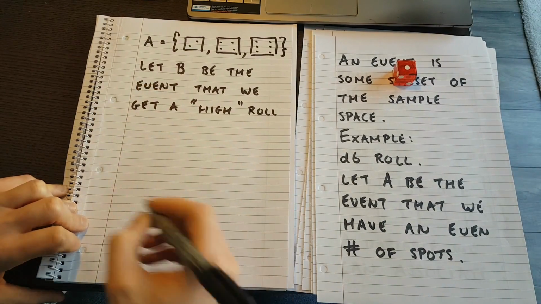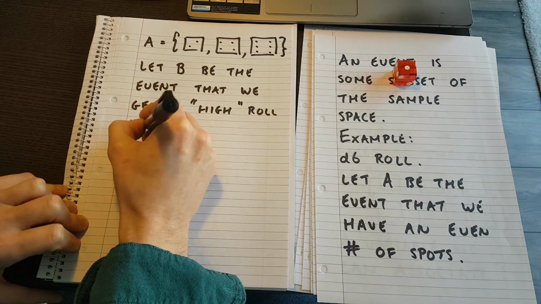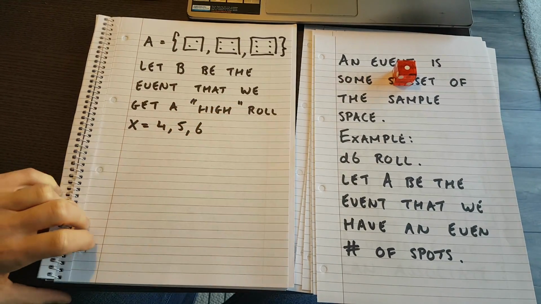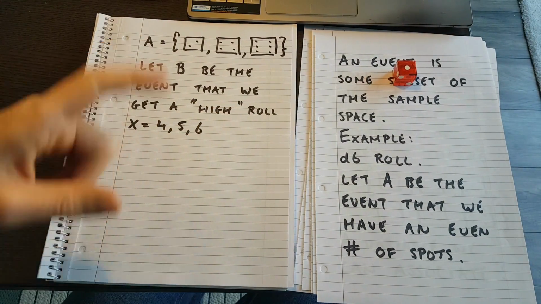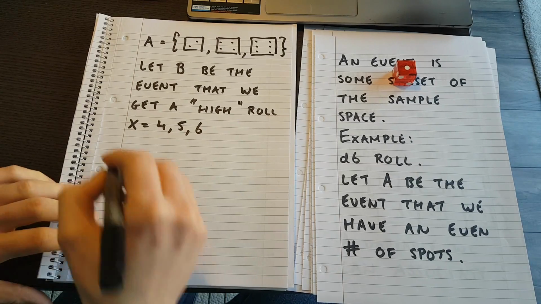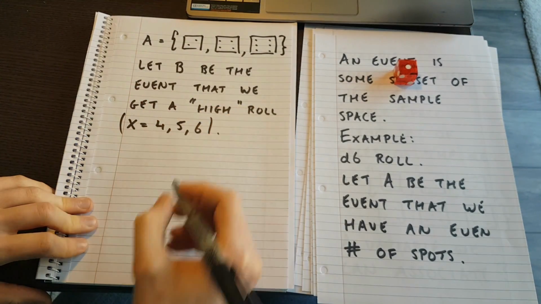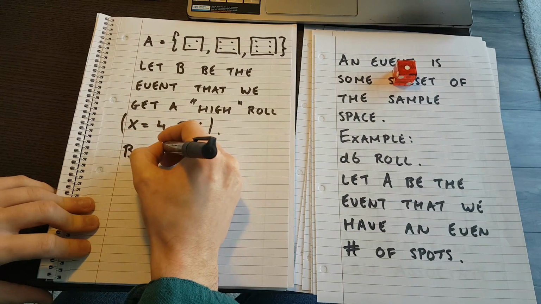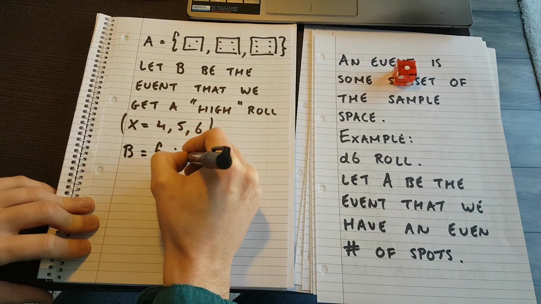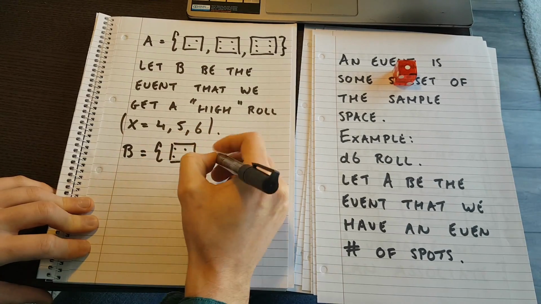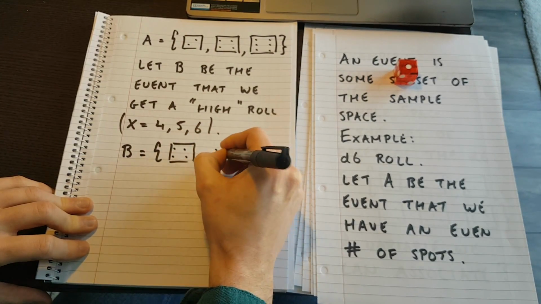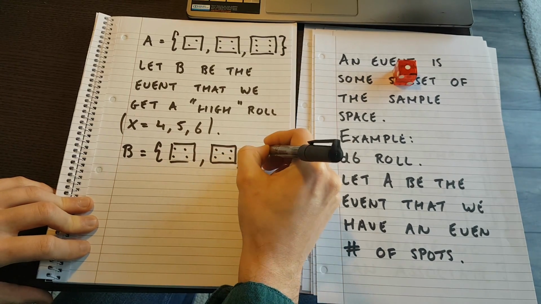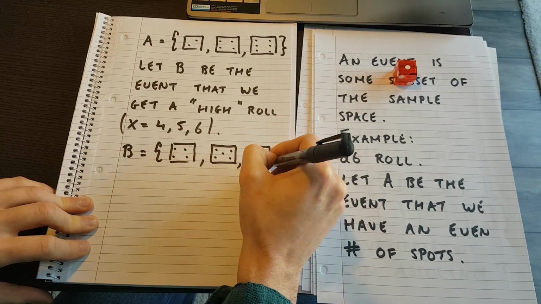Okay, and then that means that I'm getting 4, 5, or 6 as my total. Remember, x was the value of the roll. Well then, B is the four-sided face, the five-sided face, and the six-sided face, sorry.